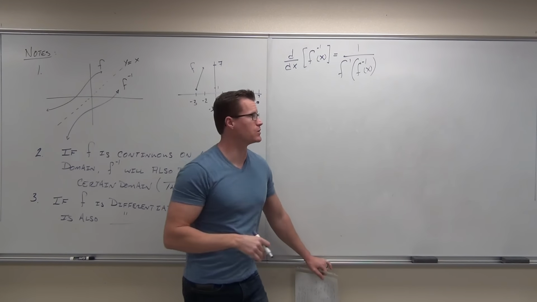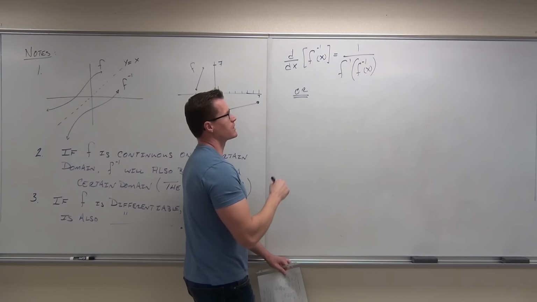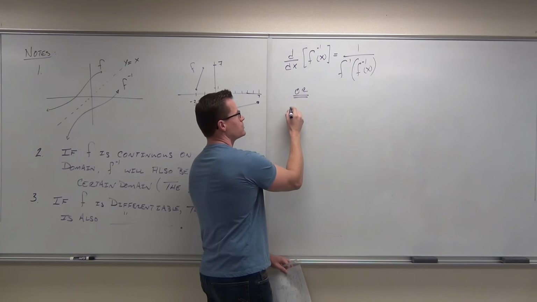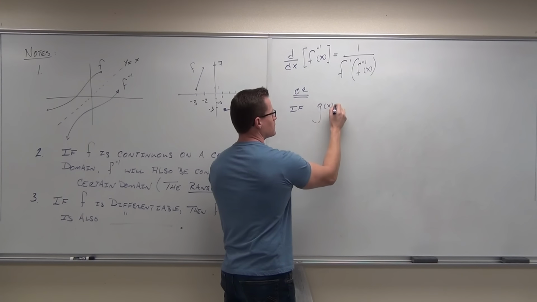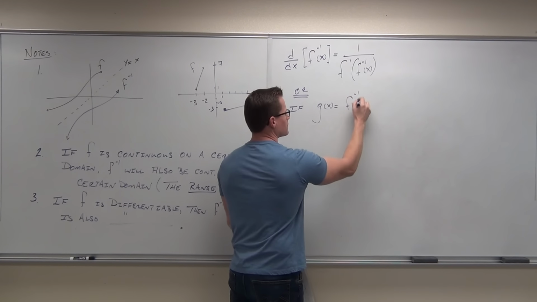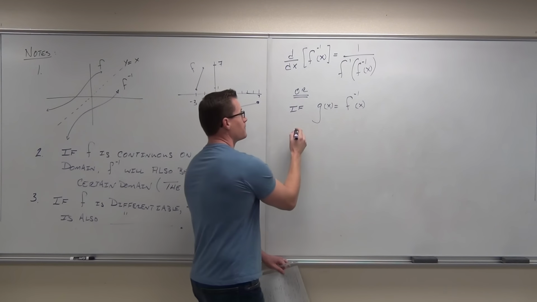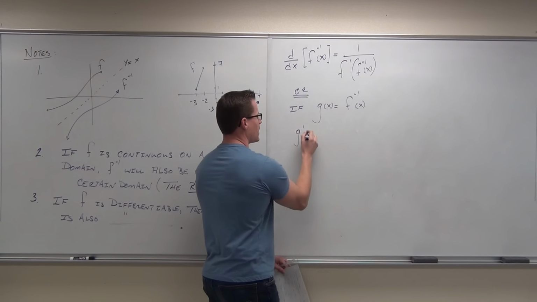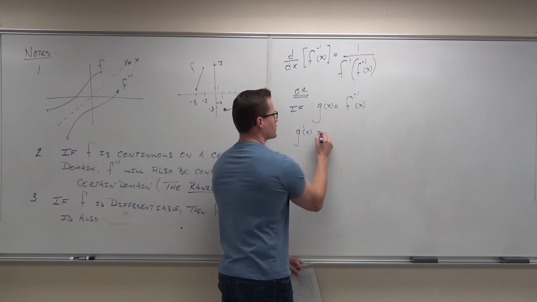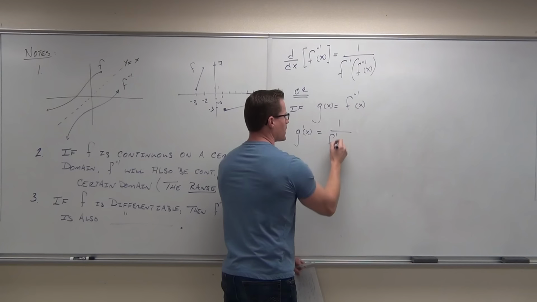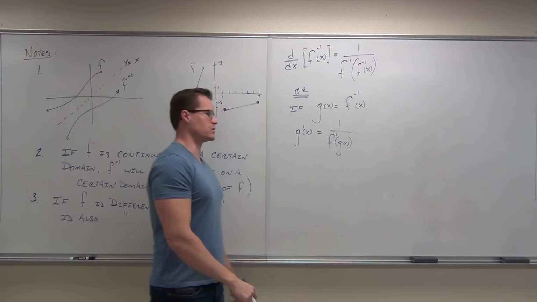Let me give you another piece of notation here too. Some books say, let's suppose g of x equals f inverse of x. Then they say g prime of x, for those of you who like the prime notation, would equal 1 over f prime with g of x composed into it.